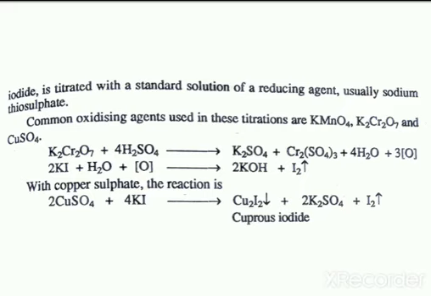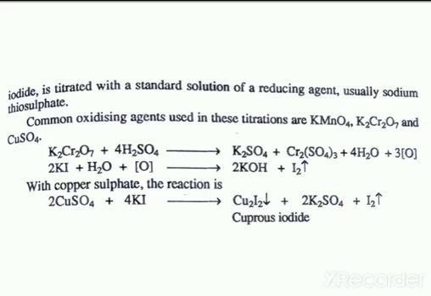This oxygen reacts with potassium iodide and gives potassium hydroxide, and this reaction liberates iodine, that is the I2 molecule. So this liberated iodine is titrated with the titrant. And then copper sulfate reacts with potassium iodide, and it also liberates iodine. This iodine is titrated with the titrant.